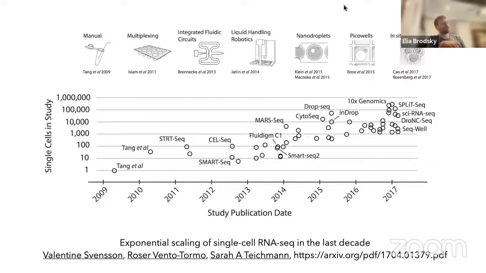But here you can see that from 2009, which is when the first paper on single cell was published, in the middle of 2009, all the way to 2017, you can see an exponential growth of these single cell approaches. And so in 2017, when this paper was published, they compiled all of these protocols that went from very manual again to more and more automated.